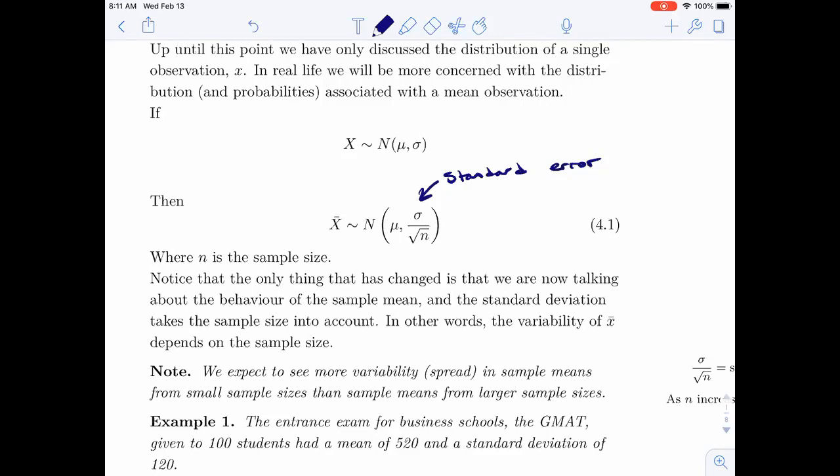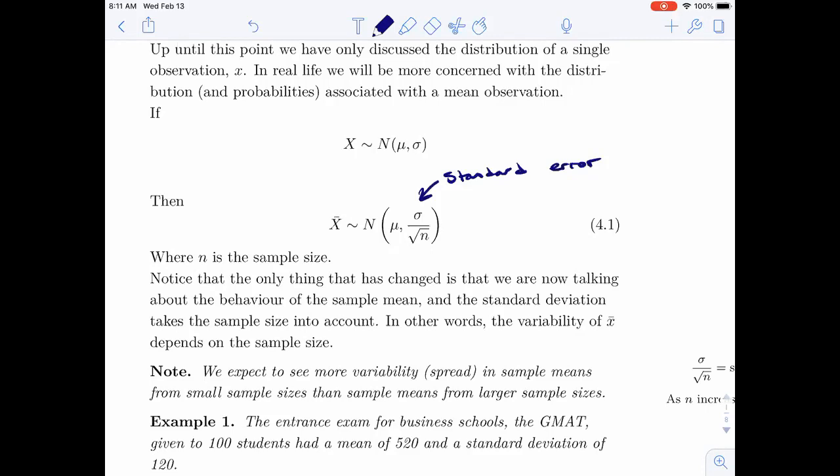Okay? But as you increase your sample size, that sigma over root n, because you're dividing by the square root of n, as n gets bigger and bigger and bigger, the square root of n is going to get bigger and bigger too, just not as fast. Okay? But then the sigma getting divided by a number that keeps getting larger and larger is actually just going to get smaller and smaller, right?